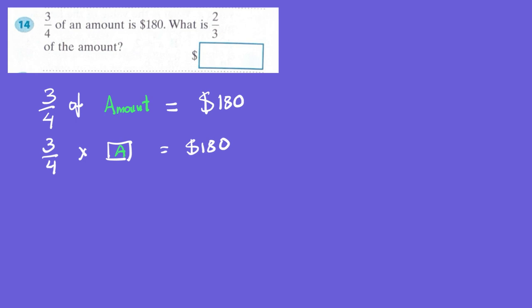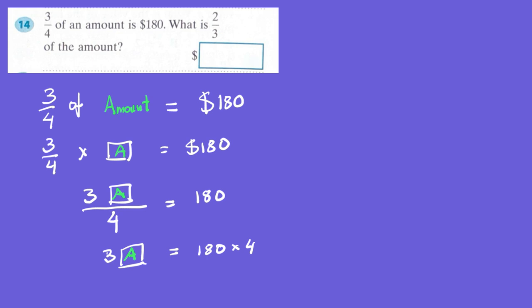Let me just rewrite it one more time. So I have 3A, and I'm dividing it by 4. So, and that becomes 180. So that means I need to now move the 4, so I have 3A, and that means that it is 180 times 4.